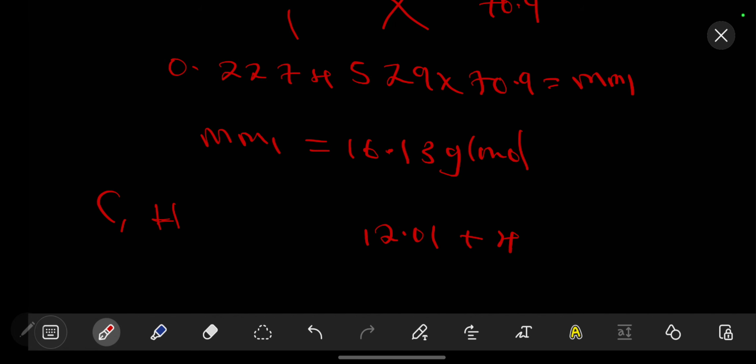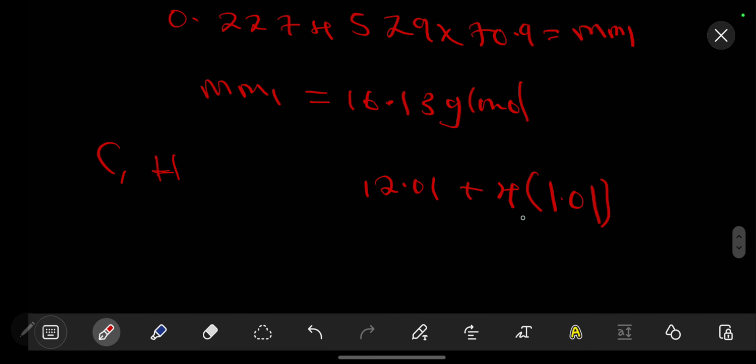We need about 4 hydrogens to reach 16, and the molar mass of hydrogen is 1.01. So we are just going to have 12 plus that, and this will correspond to the unknown gas.